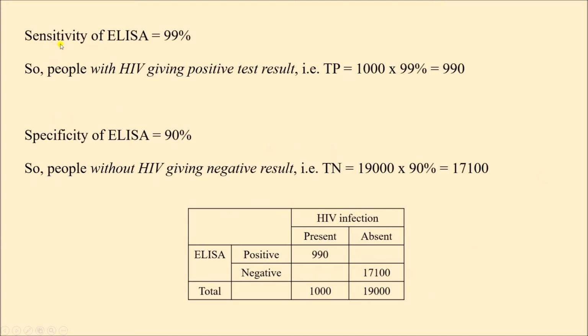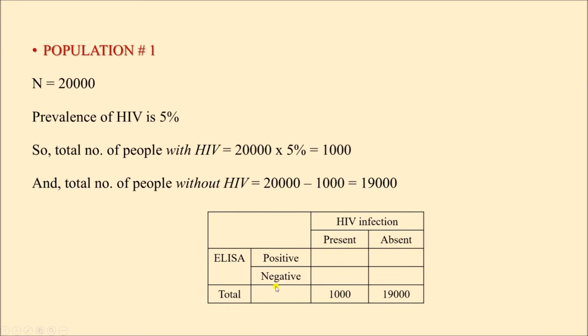Next comes the sensitivity of ELISA, which is 99%. You remember what is sensitivity? Sensitivity is the ability of a test to detect the disease among those who are suffering from the disease. So that means of all the people who are suffering from the disease, how many of them will test positive? We have 1,000 people suffering from the disease.